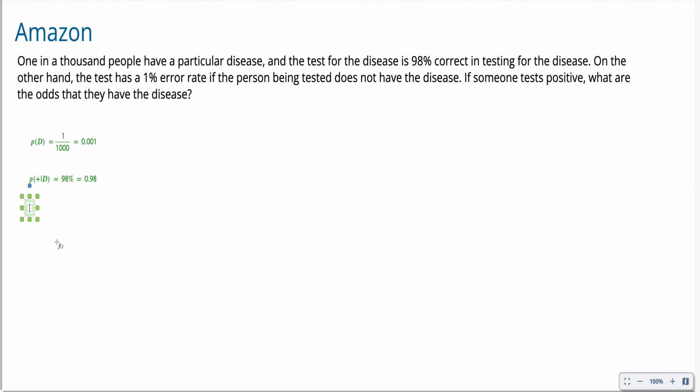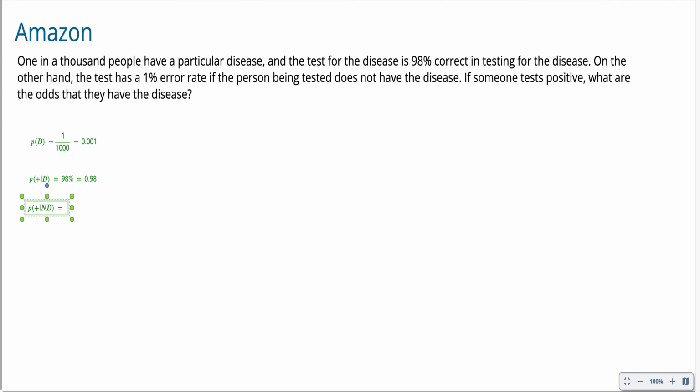And then the next sentence says, on the other hand, the test has a 1% error rate if the person being tested does not have the disease. So the error happens when you do not have the disease, but the test still comes back positive.